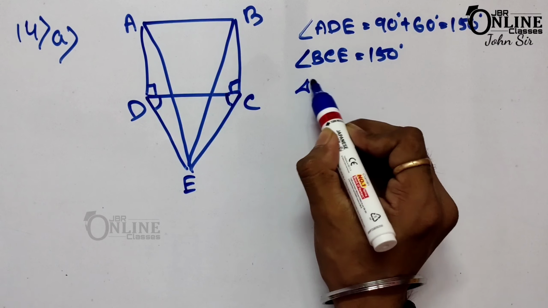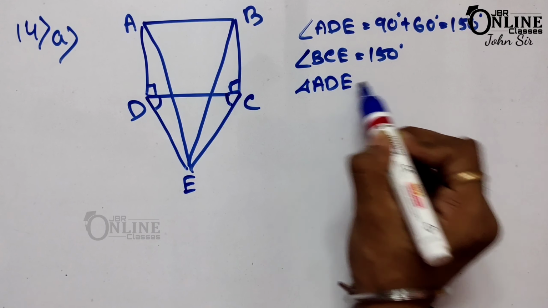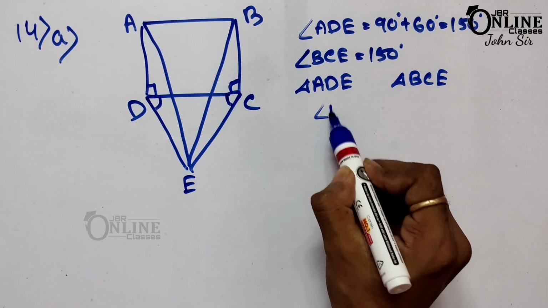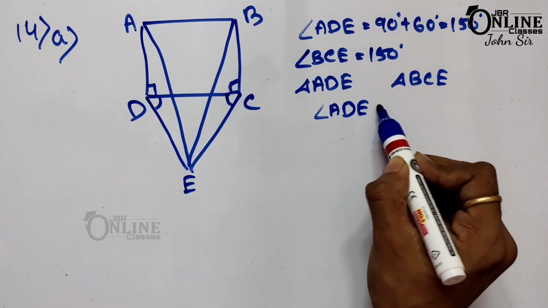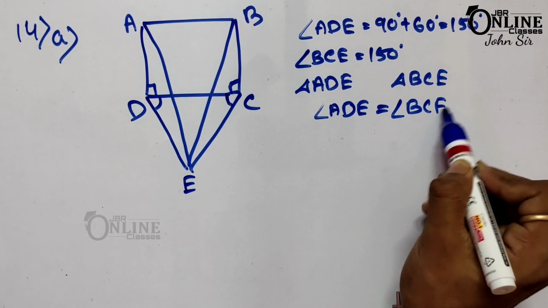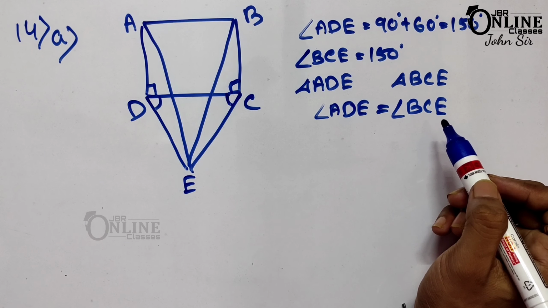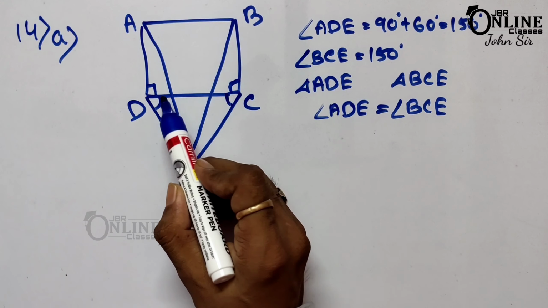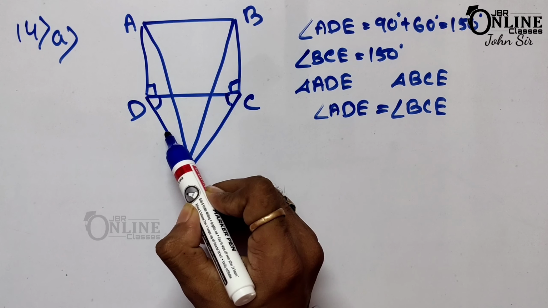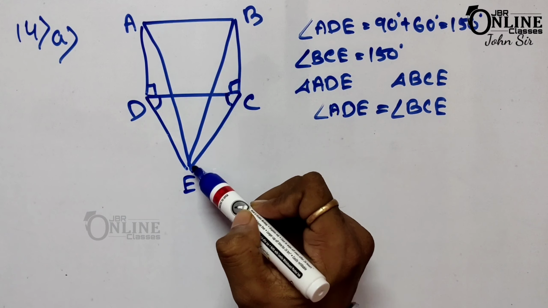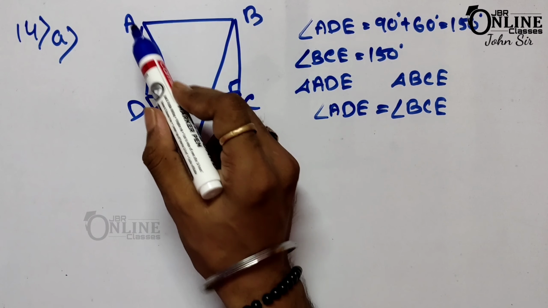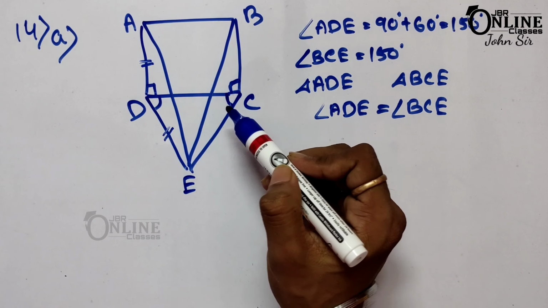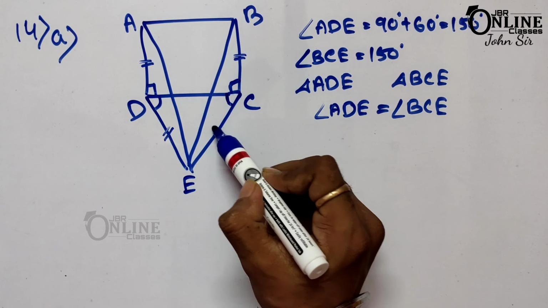Now from triangle ADE and triangle BCE, these two angles will be equal. So first write down angle ADE equal to angle BCE. Both are 150 degrees. Now next one, as CD equals DE equals CE, because it is an equilateral triangle and this one is a square, then definitely DE will be equal to this one, and this one equal to this one.